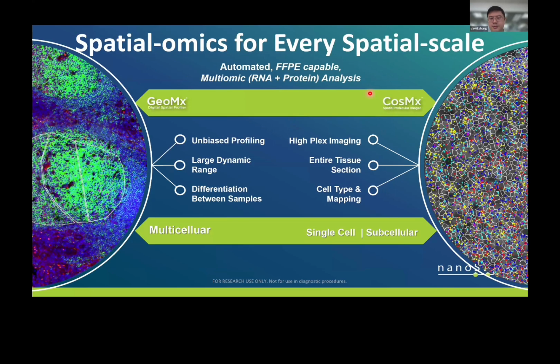So just to give an overview of the 2 different platforms. Depending on your research focus, sometimes probably multicellular level is already good for you. In that case, genomics is probably already sufficient.